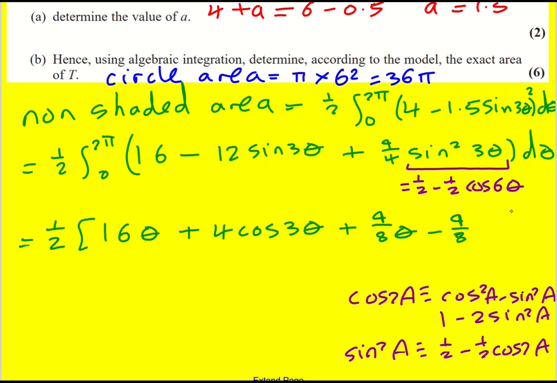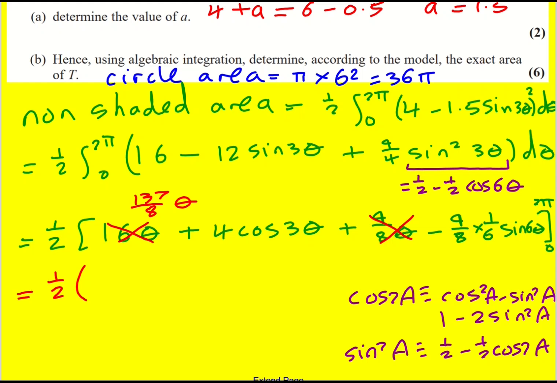Right, now just to integrate cos 6 theta, I'm going to be timesing by 1/6 and sine 6 theta. Okay, that's all good. Evaluated between 0 and 2 pi. Before I sub in 2 pi, I'm just going to combine the 9/8 theta and 16 theta. It actually becomes 137/8 theta.